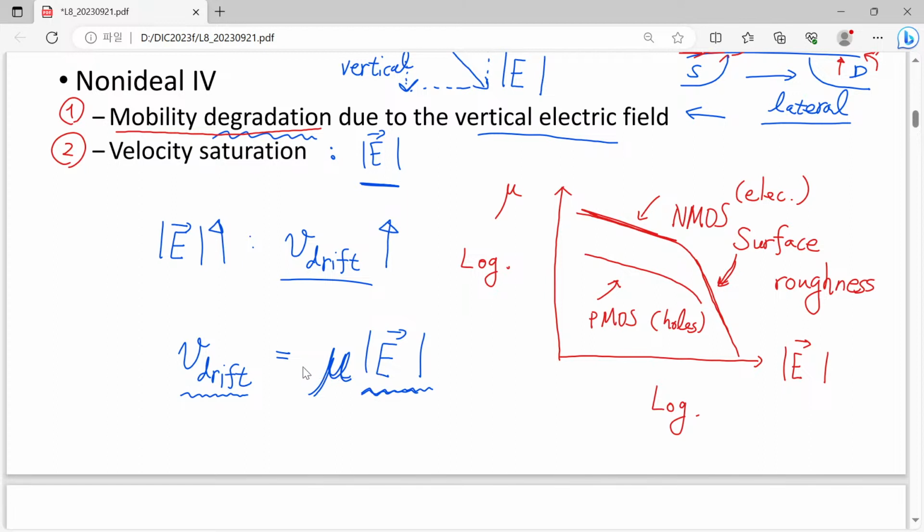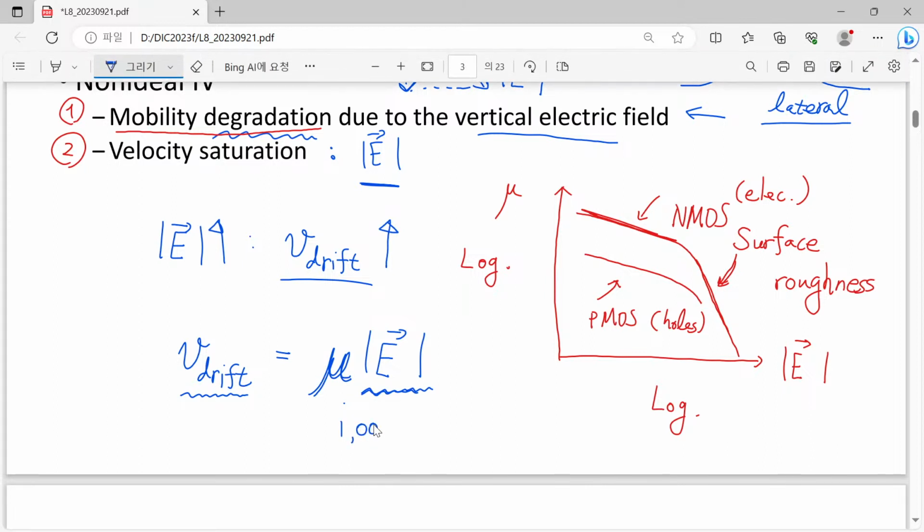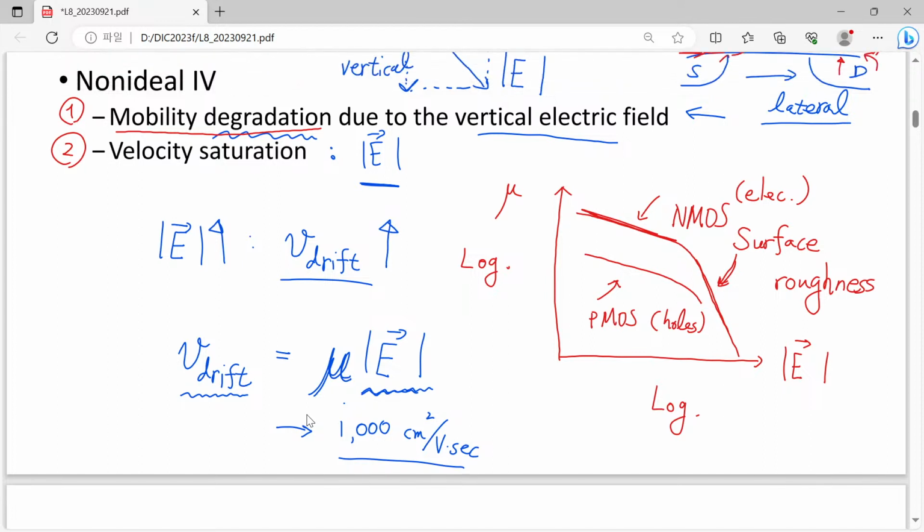And typically the mobility of silicon does not exceed some values like this one. For silicon, this is not achievable in reality. So if we have really pure silicon, then for electrons we can observe a slightly higher value, but in the case of a MOS transistor, this value seems to be the maximum, which cannot be achieved by our current technology.